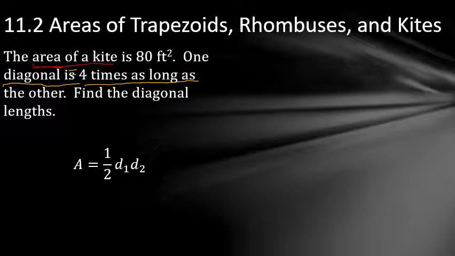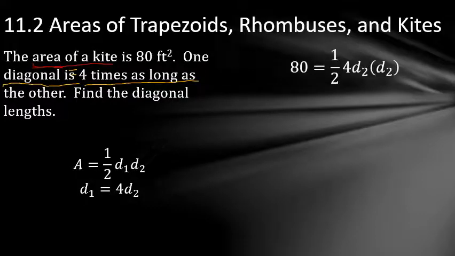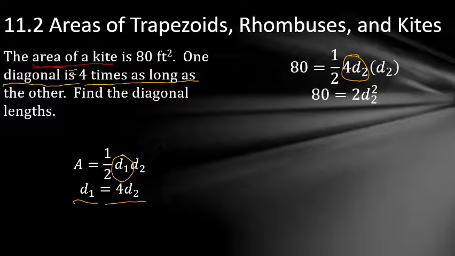So d1 equals 4d2, and I put 4d2 where d1 is. 1/2 of 4 is 2, and d2 times d2 is d2 squared.